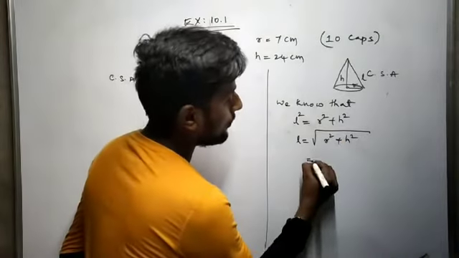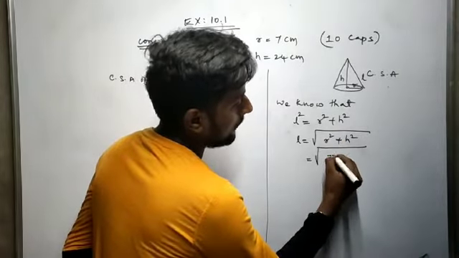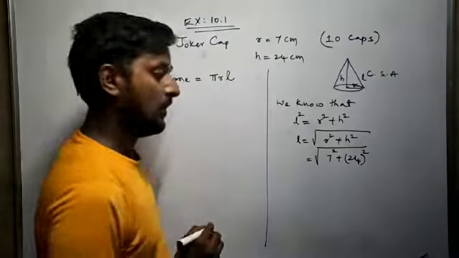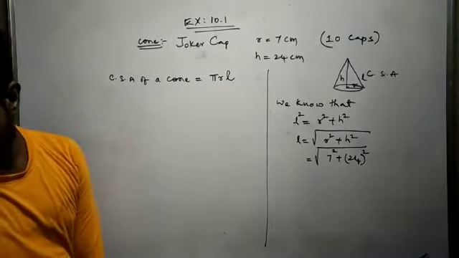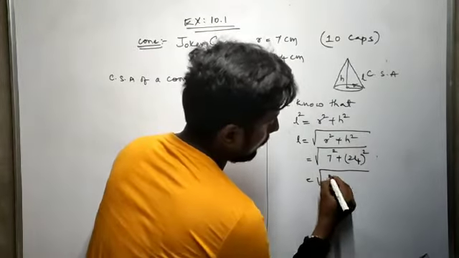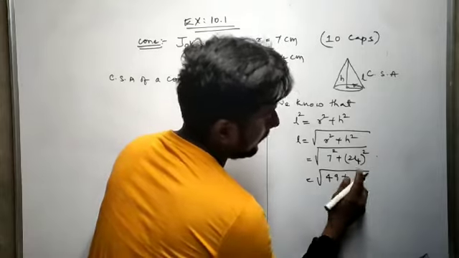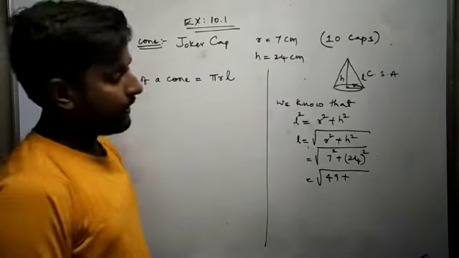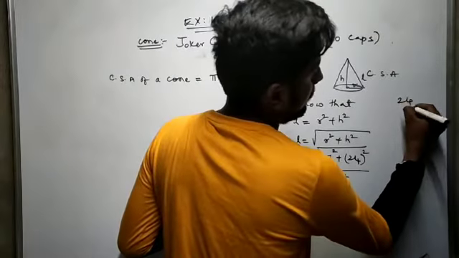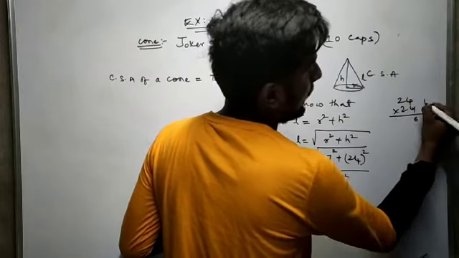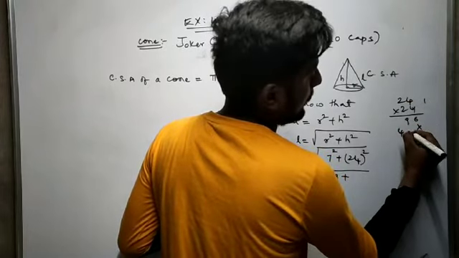The r value we know: 7 squared plus the h value 24 squared. 7 squared is 49, and 24 into 24: 4 fours are 16, 1 carry, 2 fours are 8 plus 1 is 9, and it's 48.